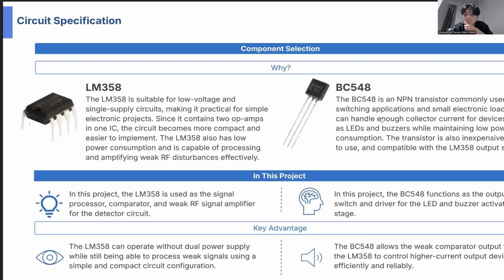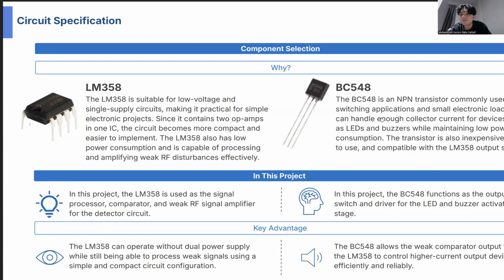Next is the component selection. For component selection, we mainly use LM358 and BC548 transistor. The LM358 is suitable because it works with low voltage and single supply operation. It also contains two op-amps in one IC, making the circuit simpler and compact.